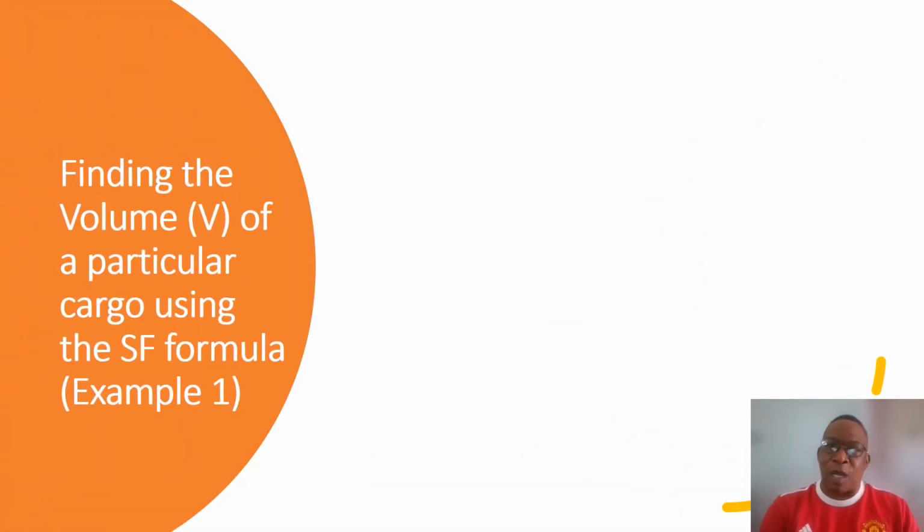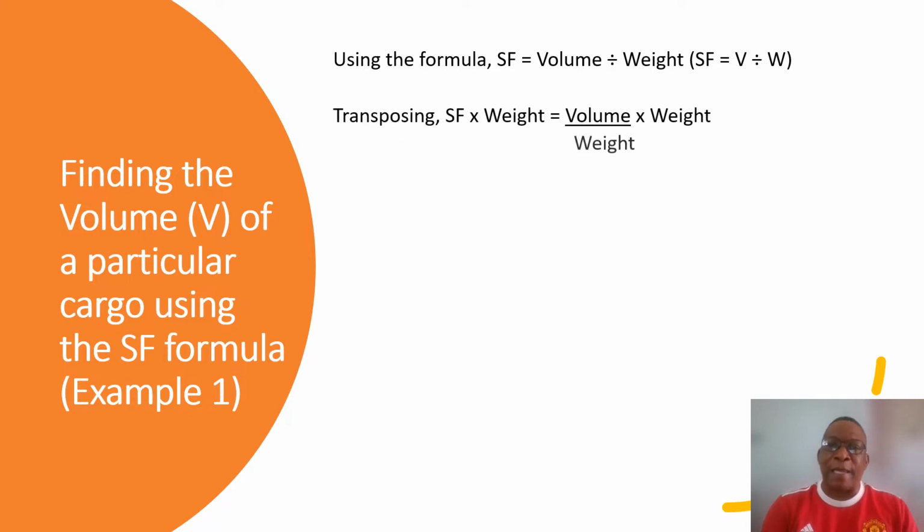Finding the volume of a particular cargo using the stowage factor formula. As you know, SF is equal to volume divided by weight. And so we intend to make the volume the subject of the equation, so we need to multiply both sides of the equation by weight.